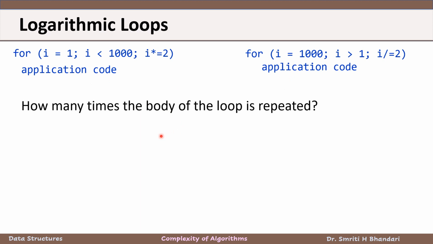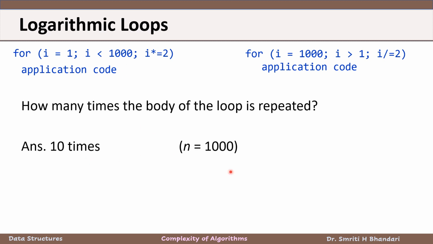So let's see how many times the body of the loop gets repeated in both the cases. Here i gets incremented as twice the old i, and here i is being divided by 2, right? How many times is the body of this loop repeated? The answer is 10 times, right?